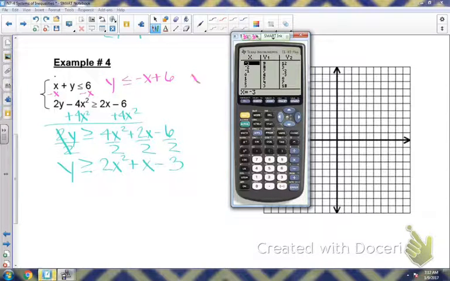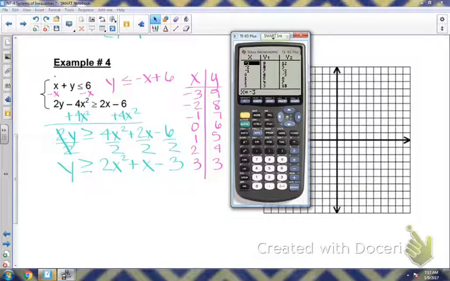Alright, so looking at the first one, negative 3, 9, negative 2, 8. Negative 1, 7, 0, 6, 1, 5, 2, 4, 3, 3. So that's not going to be symmetrical there.